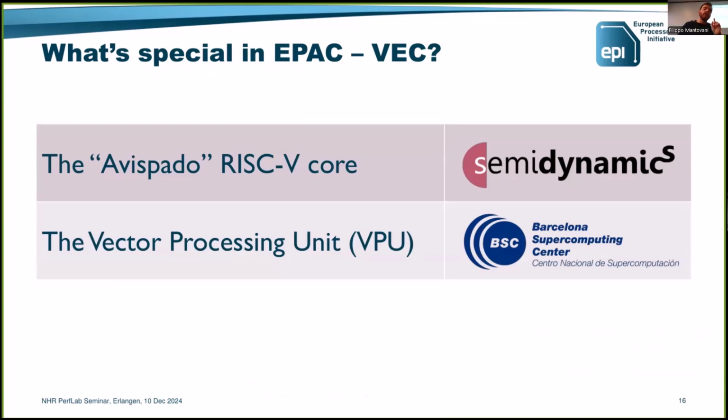Okay. So what's special? There are 2 things that are, say, uncommon, or say characteristic. The first one is the Avispado RISC-V core that is made by Semidynamics. The second one is the vector processing unit that is made by the Barcelona Supercomputing Center. How many of you are familiar with vector computation or the vector processing unit?